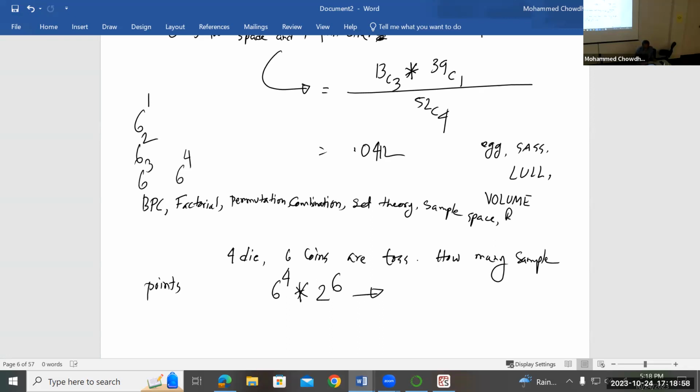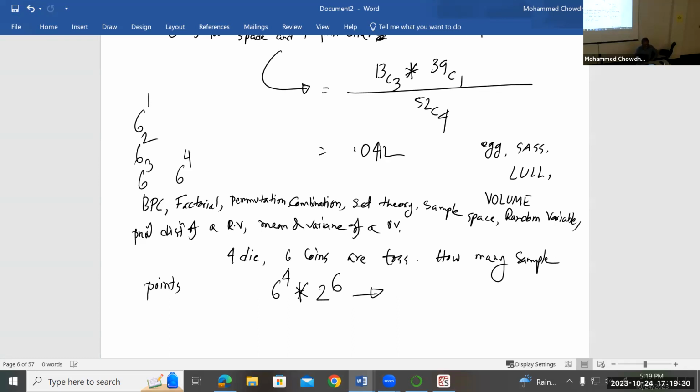Then I discussed random variable, probability distribution, probability distribution of a random variable, mean and variance of a random variable, right?